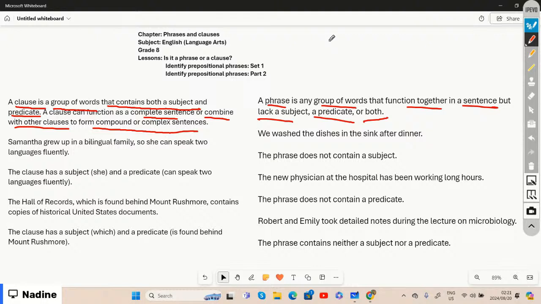All right. And remember, we say that a clause is a group of words that contains both a subject and a predicate, and it can function as a complete sentence or it can combine with other clauses to form compound sentences or complex sentences.